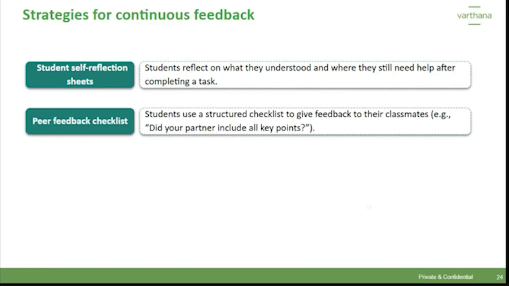The second one is the peer feedback checklist. Students use a structured checklist to give feedback to their classmates. For example, if the topic is to write an essay, we can swap the essay with a peer student, and give the peer a checklist: does the essay have an introduction, is it a well-structured introduction, and are any important examples or incidents mentioned or not.